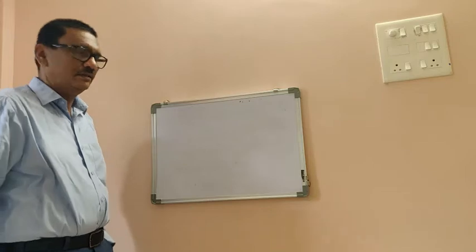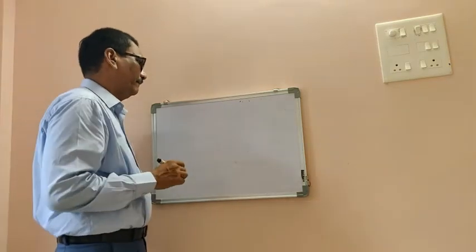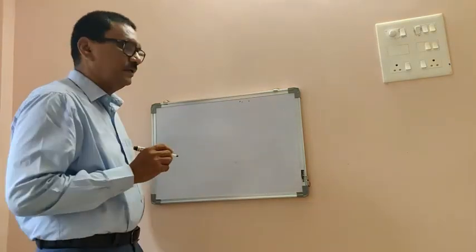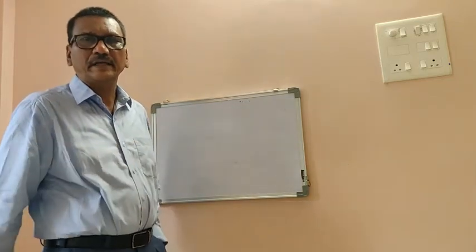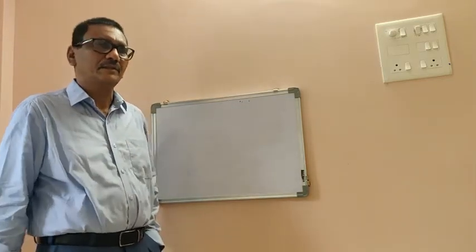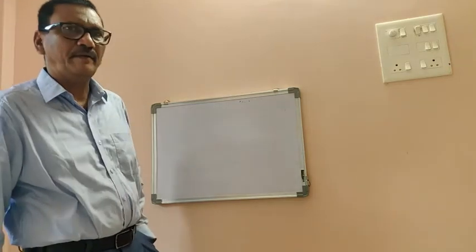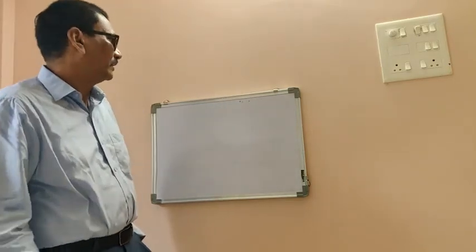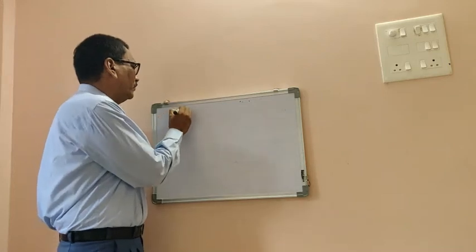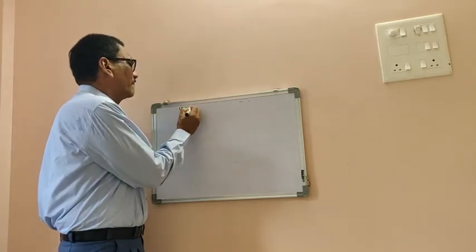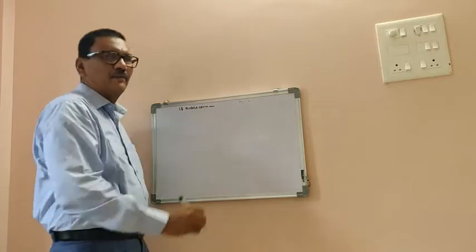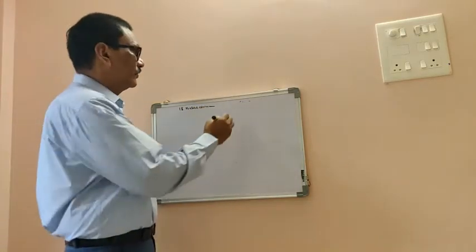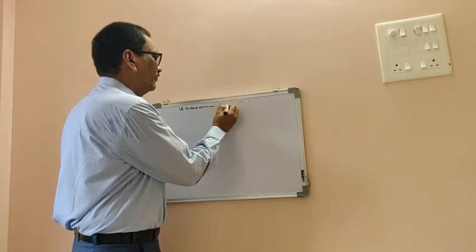Now if we see the periodic table, how many groups are there in the periodic table? Can anybody tell? Yes, all of you are familiar that there are 18 vertical columns, and those 18 vertical columns are called groups or families.